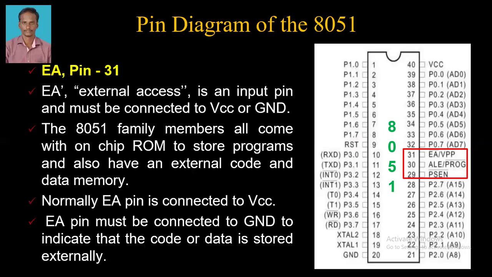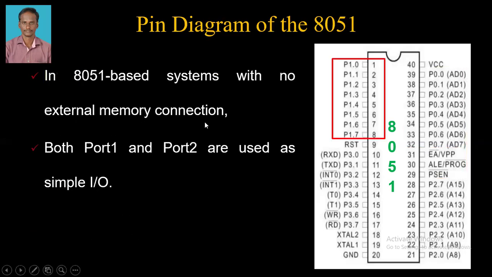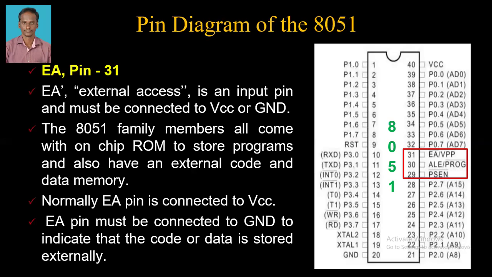The 8051 family all come with on-chip ROM to store programs and also have external code and data memory. Normally, the EA pin is connected to VCC. If the EA pin is connected to ground, it indicates that the code or data is stored externally.